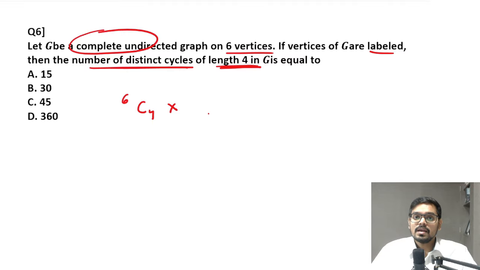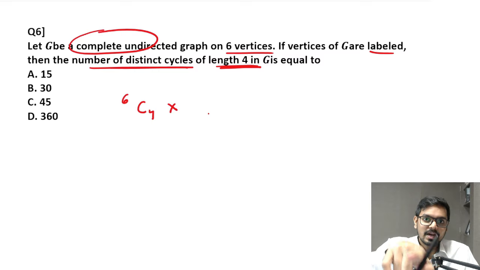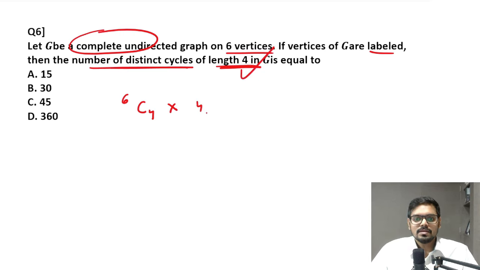So the number of distinct cycles, unordered count, is n minus 1 factorial by 2. Remember the formula. So n here is 4, since you are choosing 4 vertices and you need a cycle from that. So 4 minus 1 factorial, since circular permutation, and divide by 2 to avoid the clockwise and anti-clockwise nature, since it doesn't matter here.